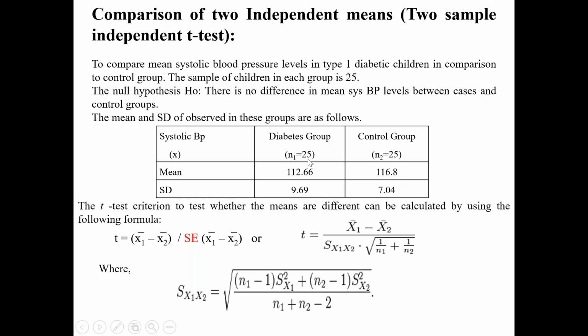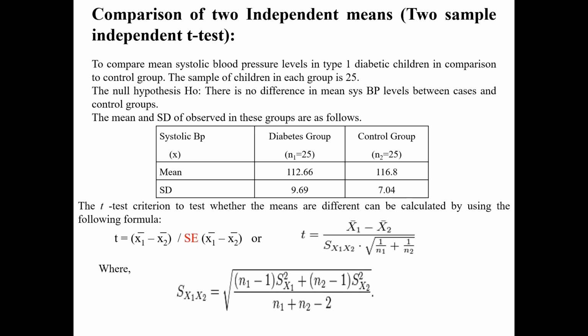All right. And the number of children in each group is 25 here, n1 is 25 and n2 is 25. And your standard deviation is also given over here, 9.6 and 7.04. Now, it is two samples, okay.